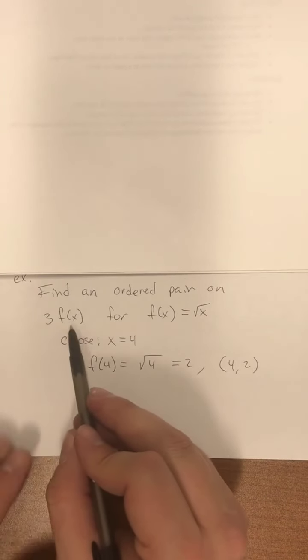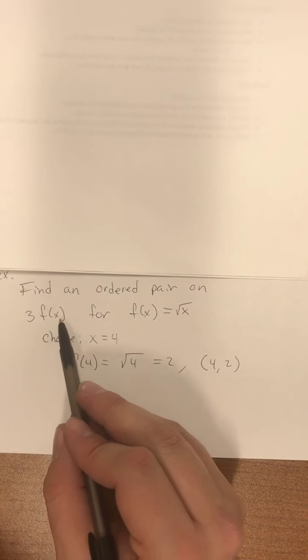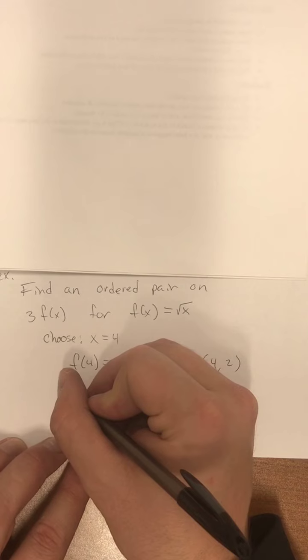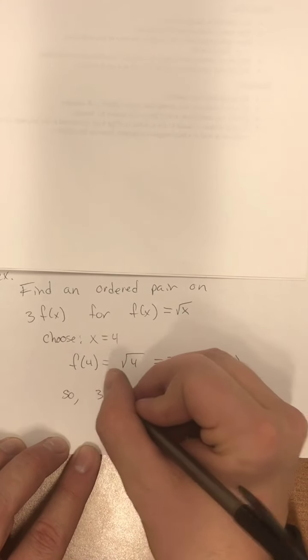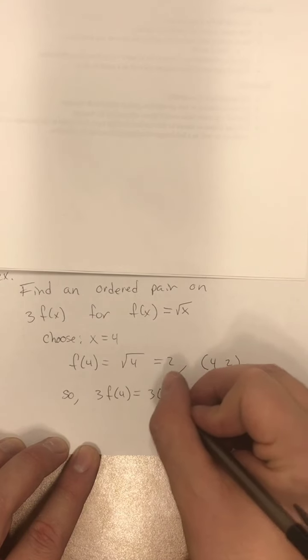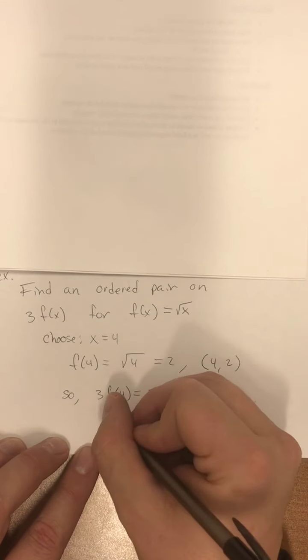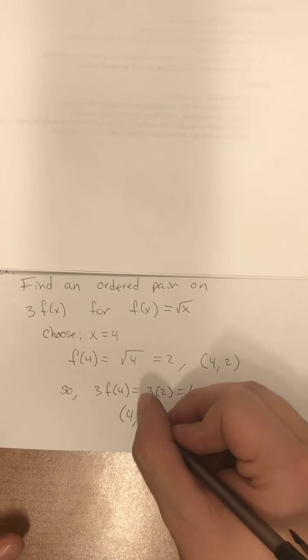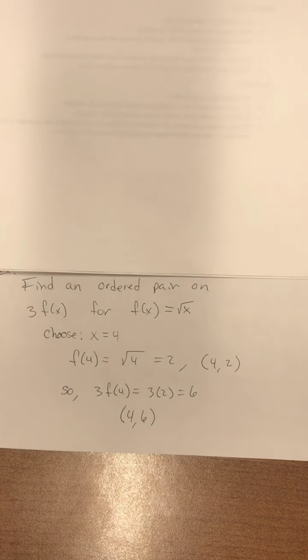Now, 3 times the function value means we are going to multiply the y by 3. So 3 times f of 4 is 3 times 2, which is 6. And that ordered pair would be 4 comma 6. So we know that 4 comma 6 is on 3 f of x.